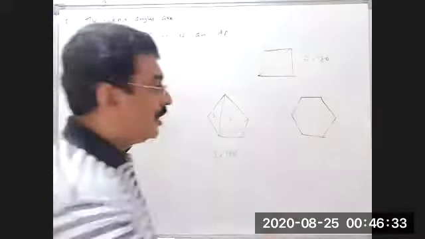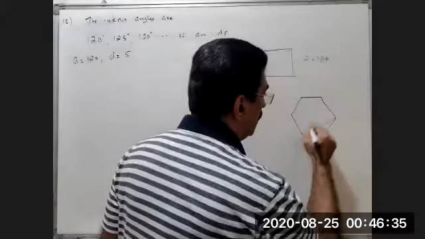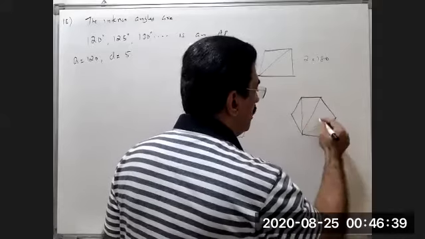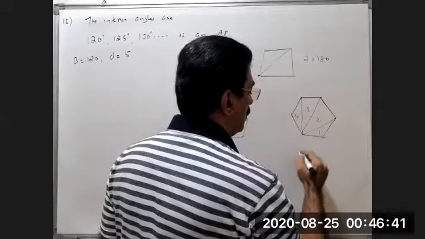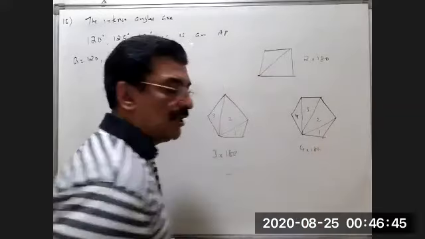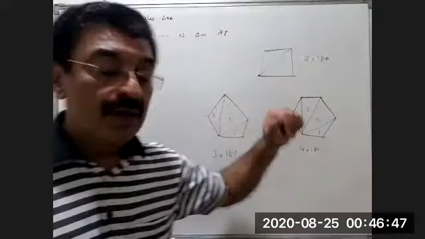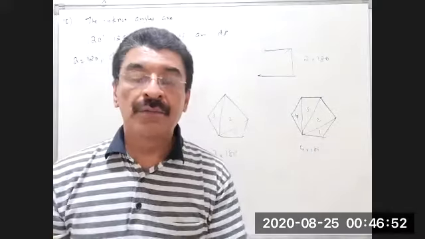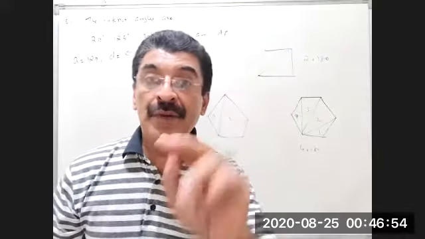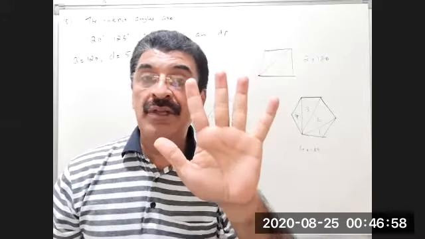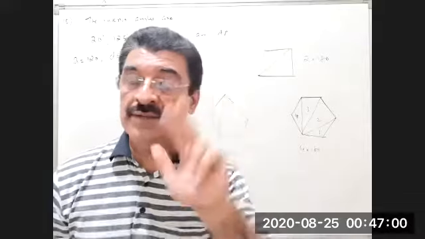Hexagon. How many triangles do we get? 1, 2, 3, 4 triangles. 4 into 180. So for a polygon with 4 sides, we can break it into 2 triangles. A polygon with 5 sides, 3 triangles.